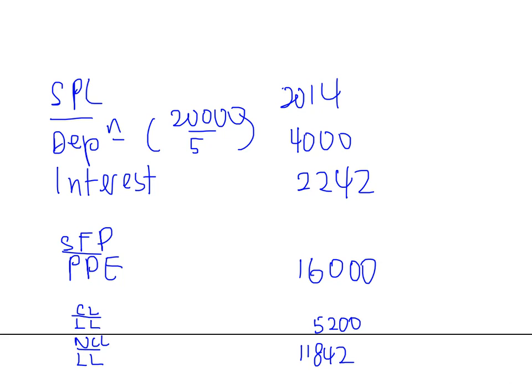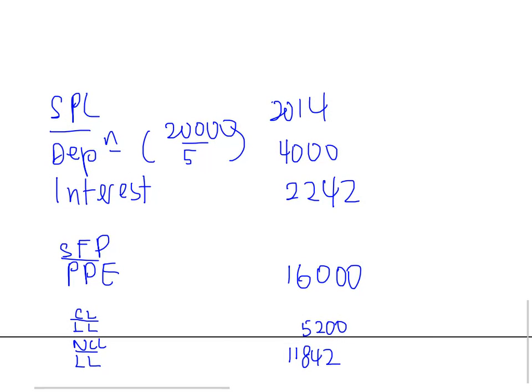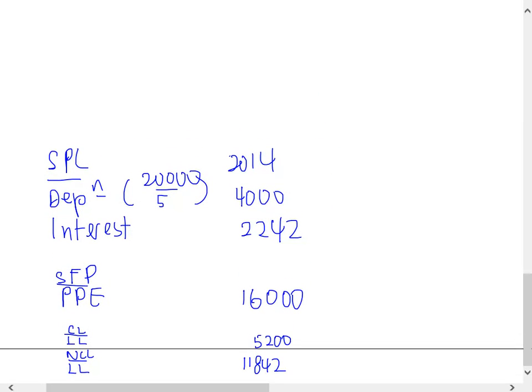Now, my question. What if, use this example, what if the 20,000 asset, or the contract here, is treated by the company as a rental, as a normal lease?